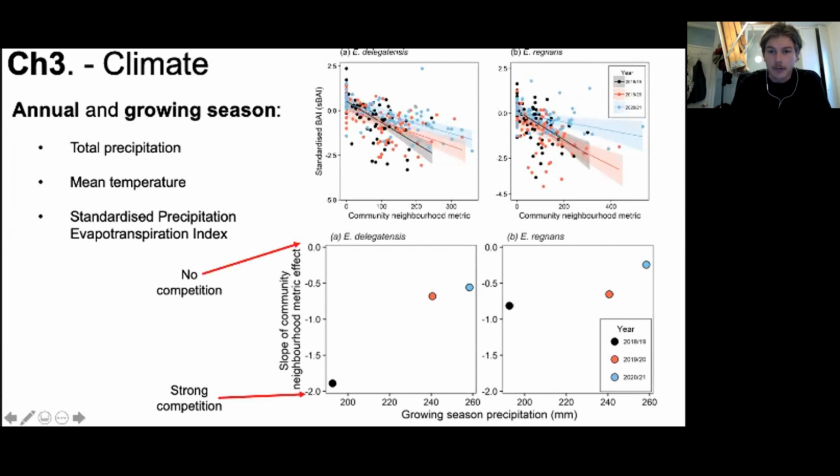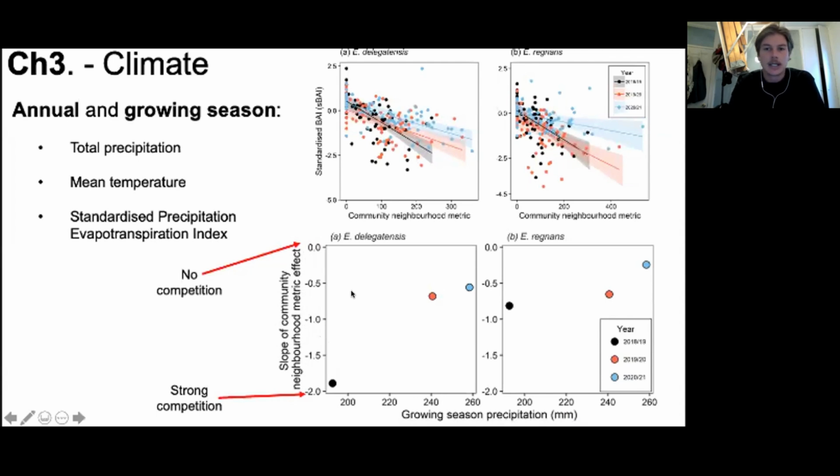So this bottom figure here just shows the slope of each of these lines in the figure above on the y-axis. So here a more negative number in this figure down the bottom indicates a stronger relationship, so stronger competition.